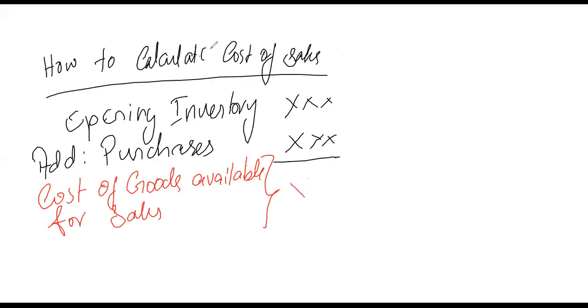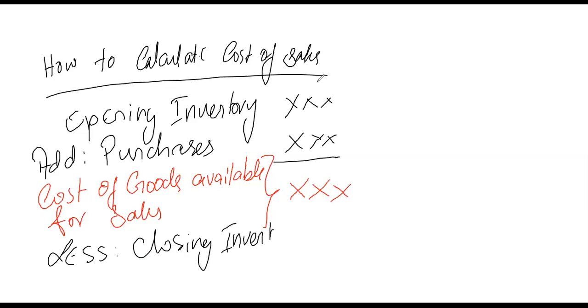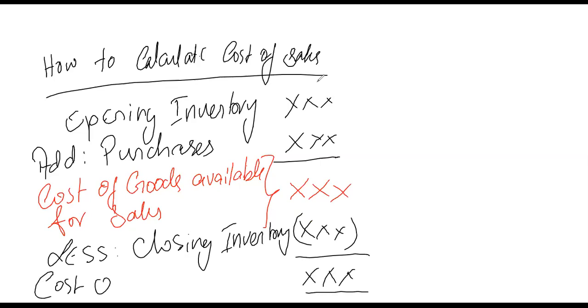So I'll be getting the cost of goods available for sale, and after deducting the closing inventory, I'll be getting an answer of cost of goods sold. So this is the answer that I want to use in my formula, and this is the answer that I'll be using in my formula.